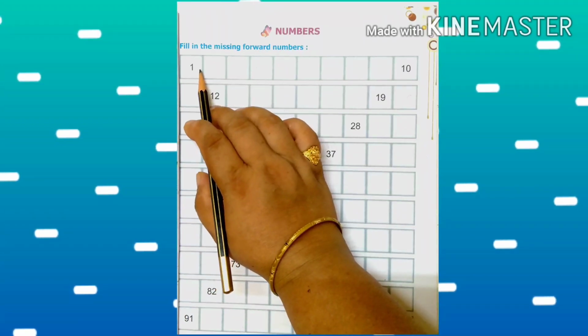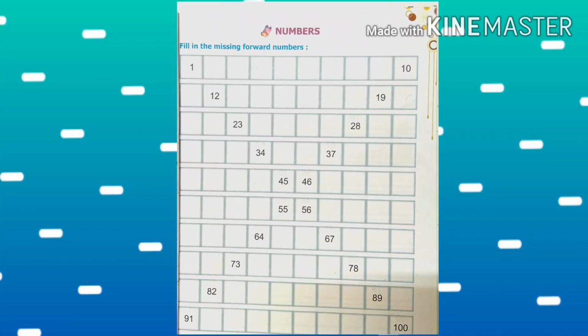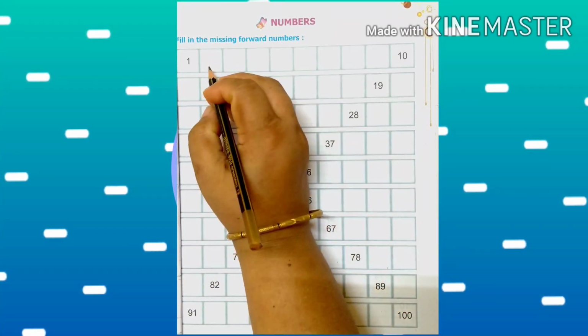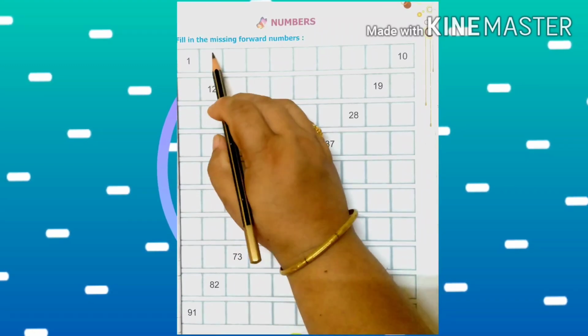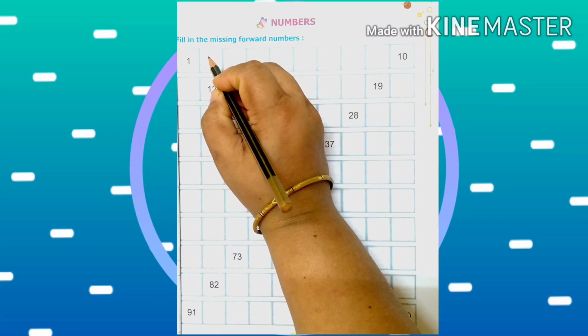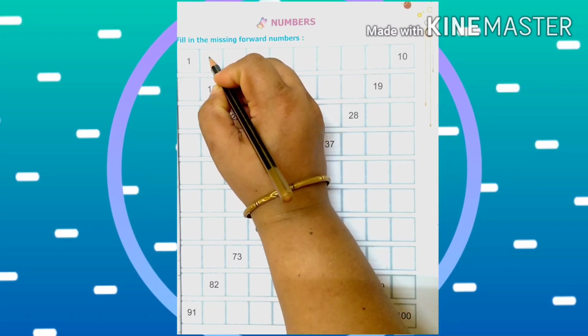So we have to write our counting 1 to 100. Okay children. Now let's start. But listen, this block is very big. So we have to start mid of this block and we will touch the lower line.